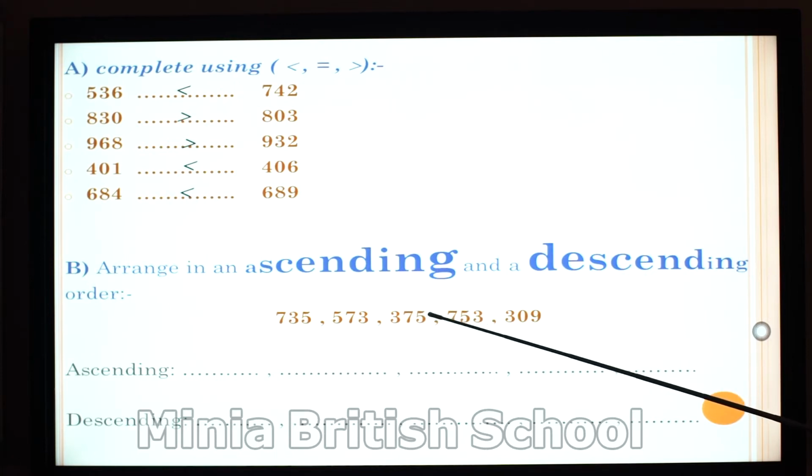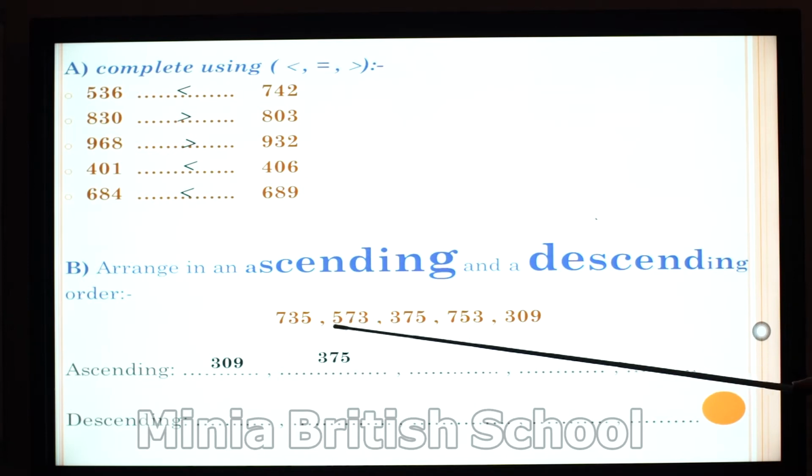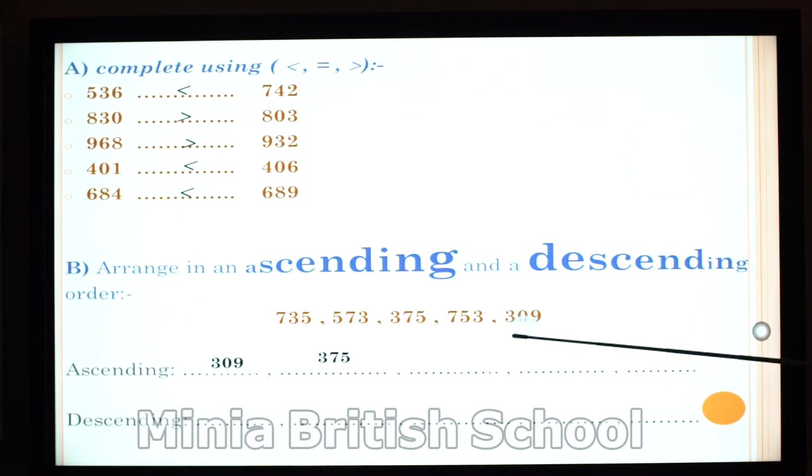So look at the tens place. Here 7 and here 0. So 309 is smaller than 375. When you write 309, cancel it. Then 375.